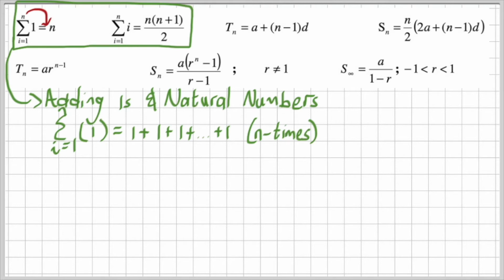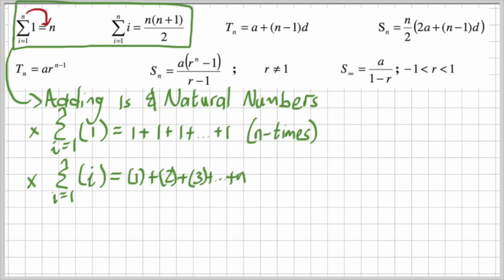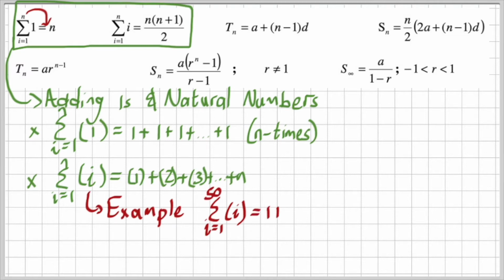But now, the natural numbers one is a bit more interesting. I substitute i with 1, then 2, then 3, up to n. So I'm going to have n natural numbers adding together.